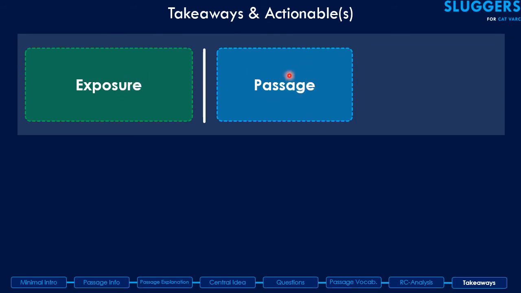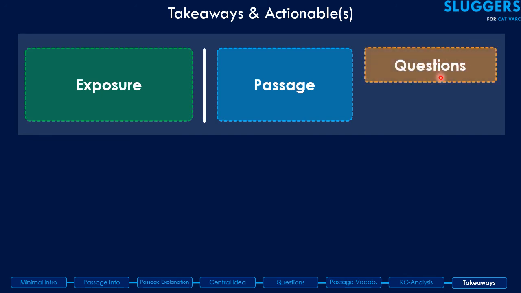These are two different aspects, right? And anyhow, I'll be making videos on fundamentals of these: how to read an RC, how to improve your speed, how to derive central idea from nodal ideas, and how to note the nodal ideas. I'll be creating separate theoretical content on that. But meanwhile, that's also something for you to consider.